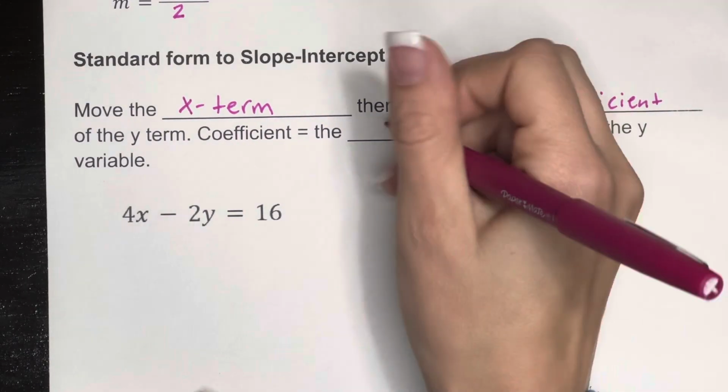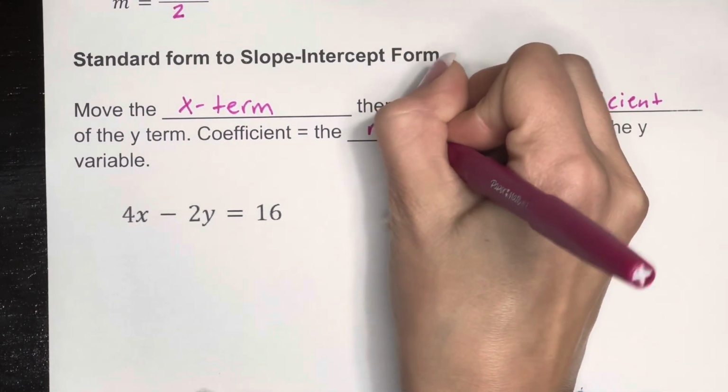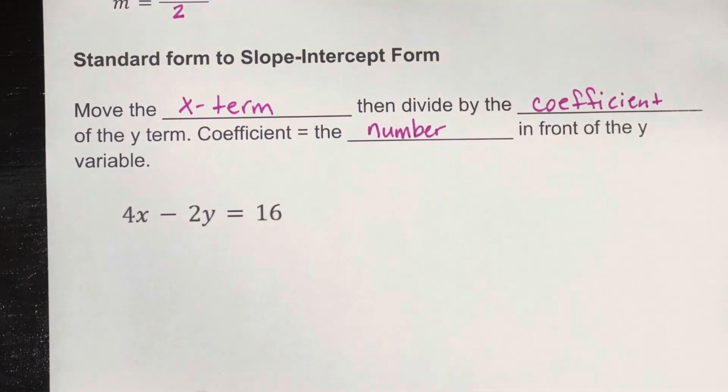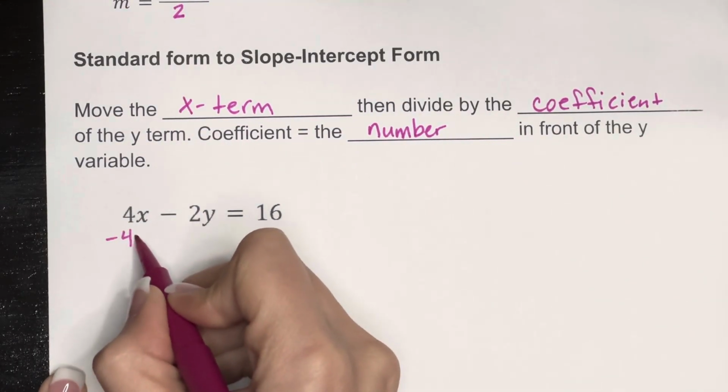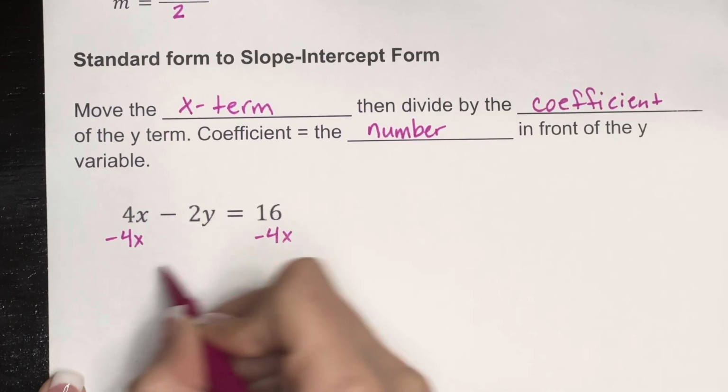Coefficient is just the number in front of the y variable. Right, so step 1, move our x term. Our x term here is positive, so we're going to subtract. I'm going to subtract 4x from both sides.